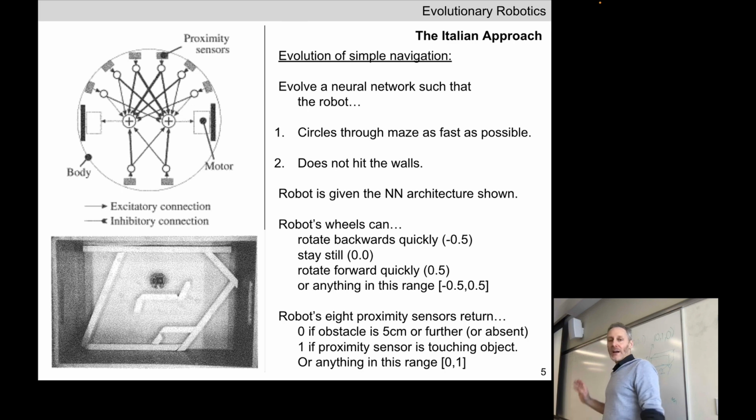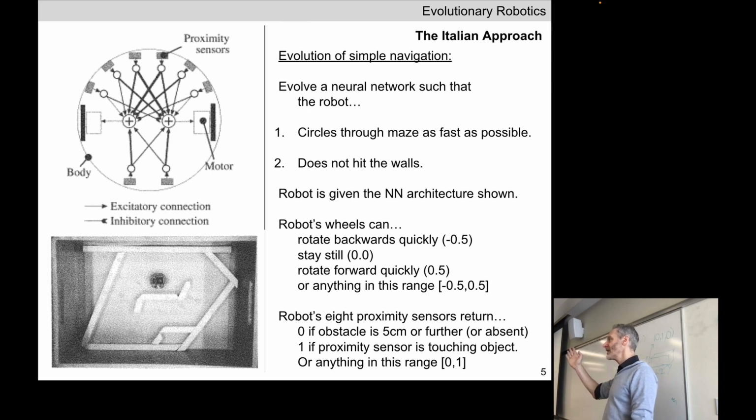Yeah? In this particular experiment, they built in a little bit of intuition on their own before they let the evolutionary algorithm take over, which is they set some of these synapses to be excitatory and some of these synapses to be inhibitory. We introduced this terminology when we talked about neural networks last week.